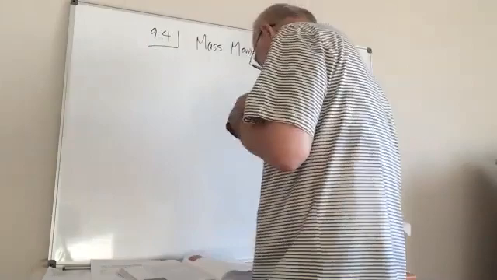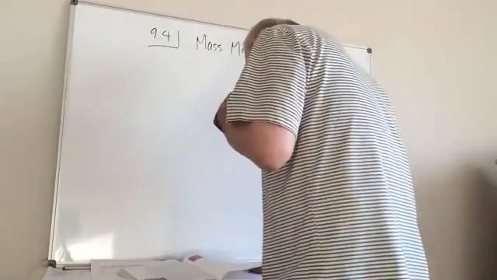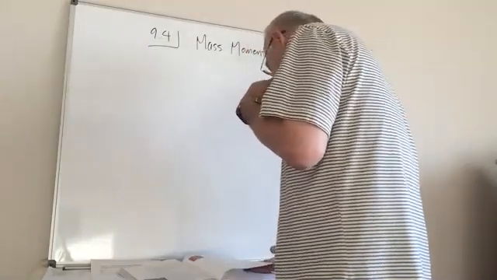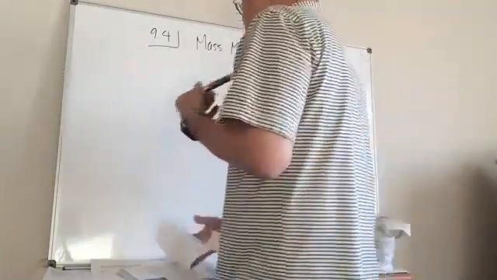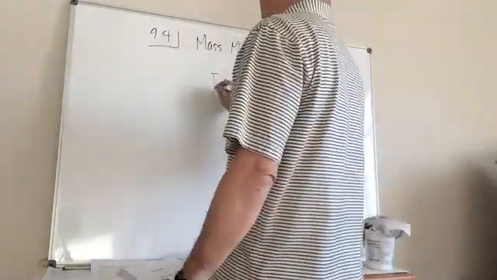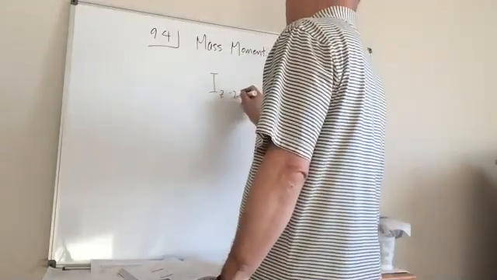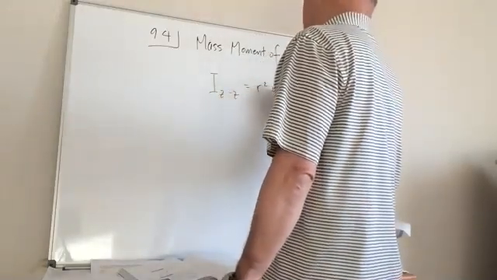If you flip the page to 275, the equation is r squared m. So the moment of inertia across this is r squared m.